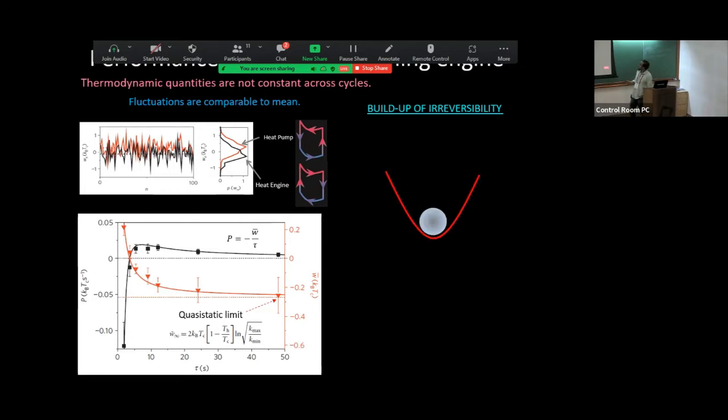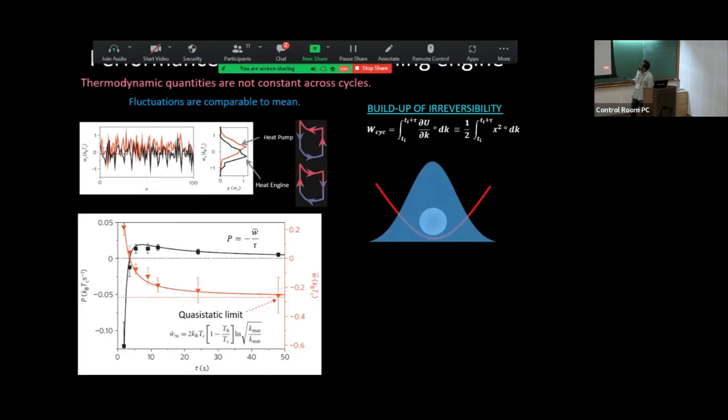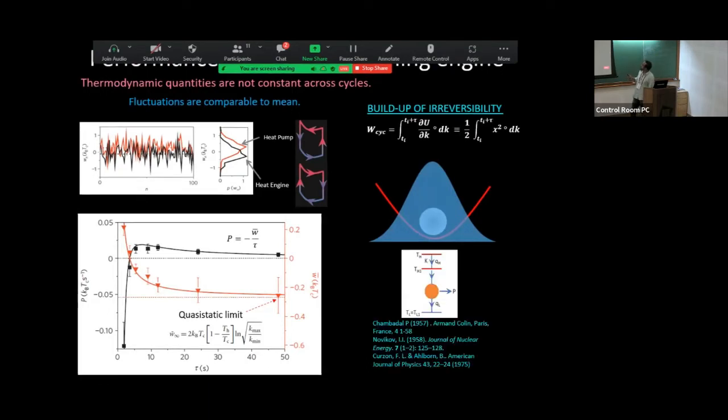So in the beginning, when the harmonic potential is stiff, the probability distribution is narrow. And when the stiffness of the harmonic potential is reduced rapidly, it still takes some finite amount of time for the particle to explore the available phase space.